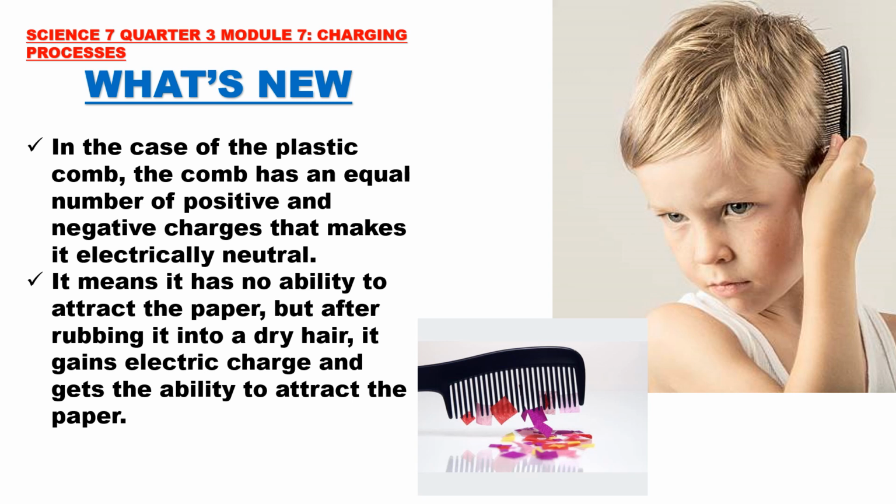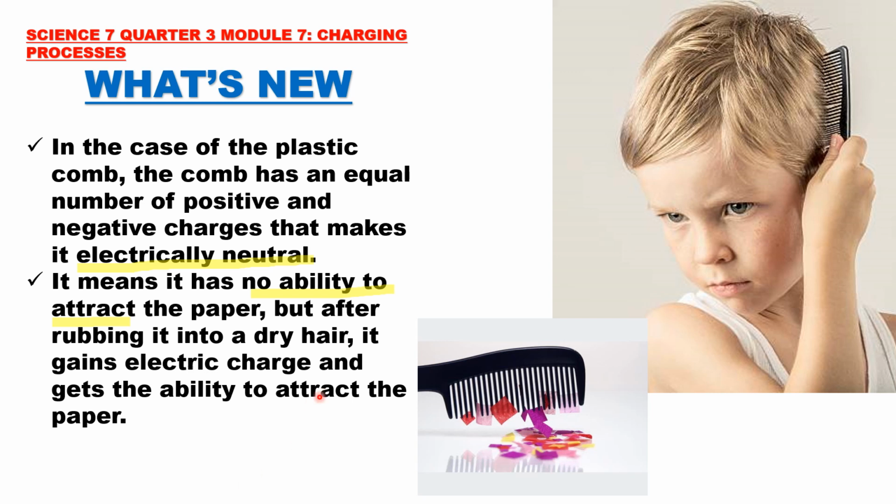In the case of the plastic comb, the comb has an equal number of positive and negative charges that makes it electrically neutral. It means it has no ability to attract the paper. But after rubbing it into a dry hair, it gains electric charge and gets the ability to attract the paper.